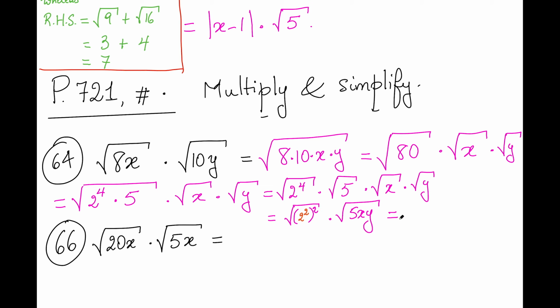So this is going to be the absolute value of 2 squared, but 2 squared is positive, so the absolute value of 2 squared is 2 squared. So we get 2 squared times the square root of 5xy, and 2 squared is 4, right? So we get this.